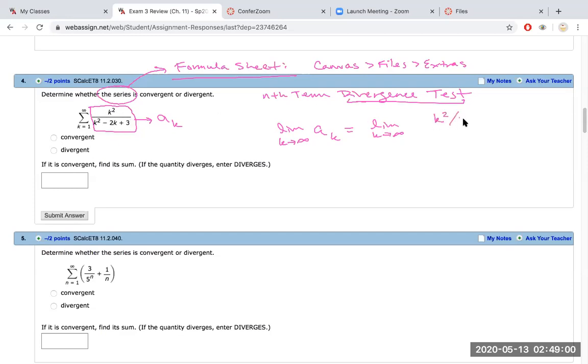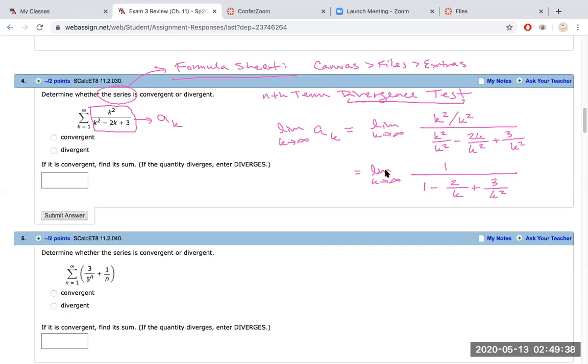What we're going to do is divide by k squared everywhere, top and bottom, since that's the max degree that we have for top and bottom. Now we have the limit as k goes to infinity. On the top, we have a 1. On the bottom, 1 minus 2 over k plus 3 over k squared.